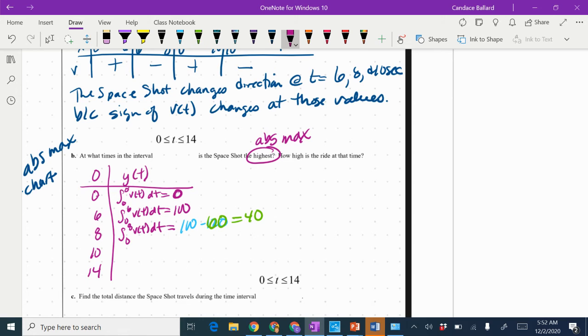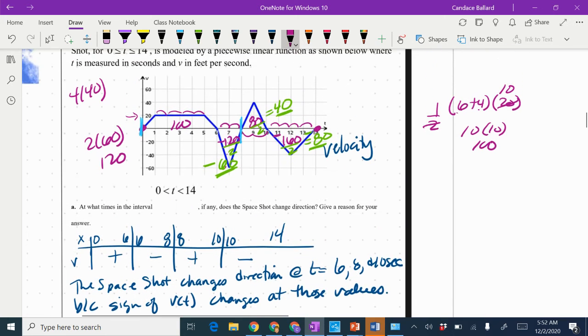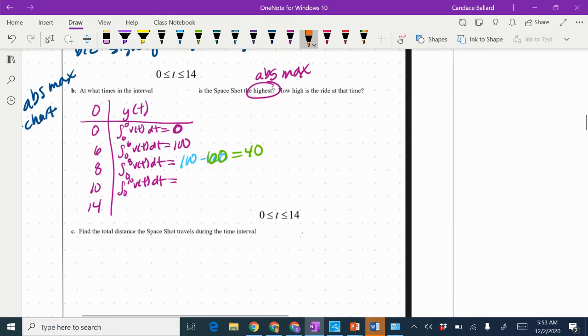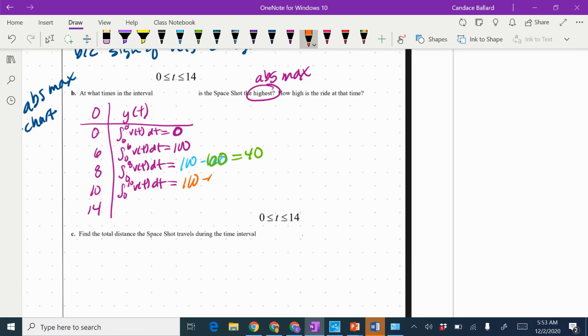All right, we're going to integrate this one from 0 to 10 of v of t dt. So 0 to 10 means I'm going to do 100 minus 60 plus 40. So 100 minus 60 plus 40, and then that should hopefully get us 80.